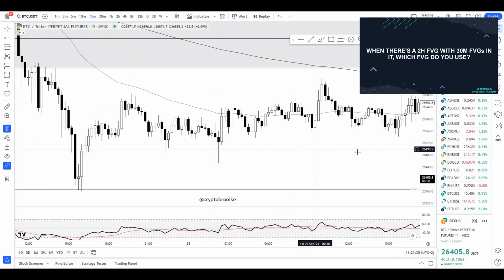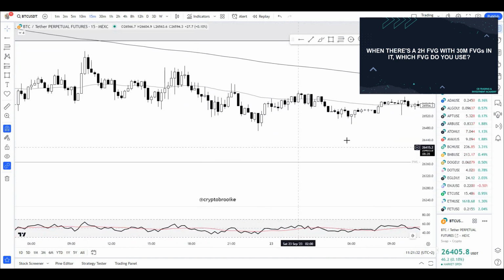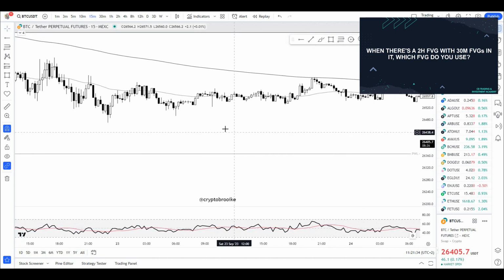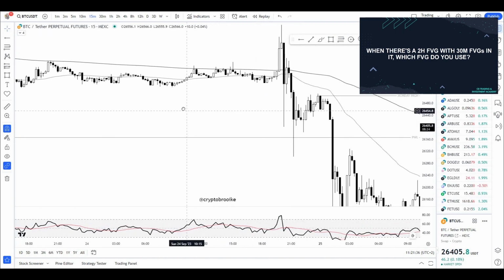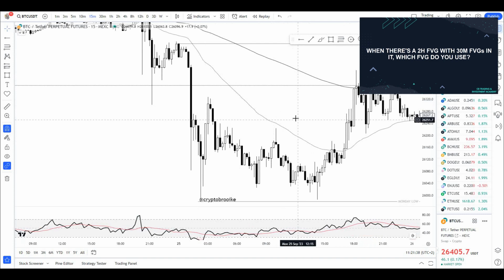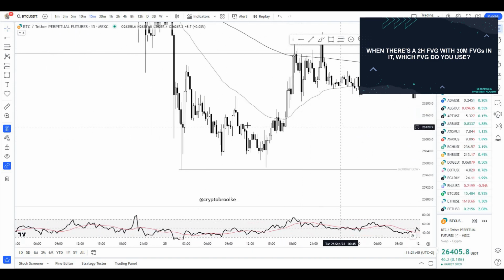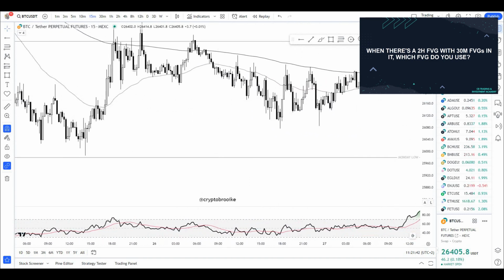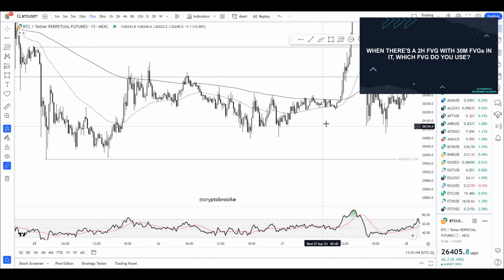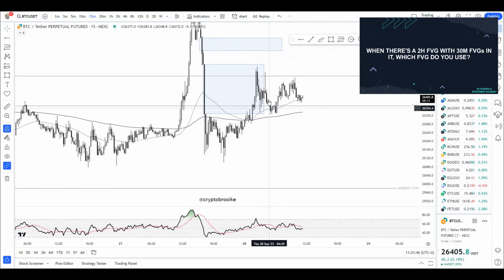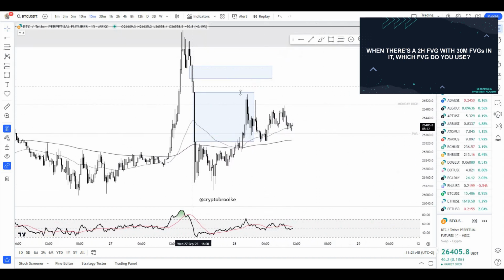But if you're charting on the 5-minute time frame, just focus on 5-minute fair value gaps. When you're charting on the 15 minutes, you could use a 1-hour fair value gap, in my opinion, to have some sort of area that you know price may go back up to.